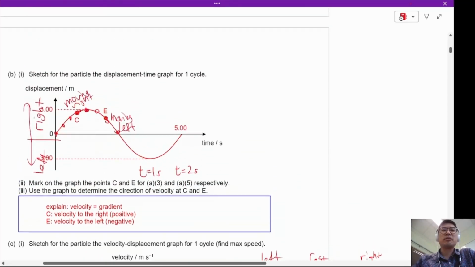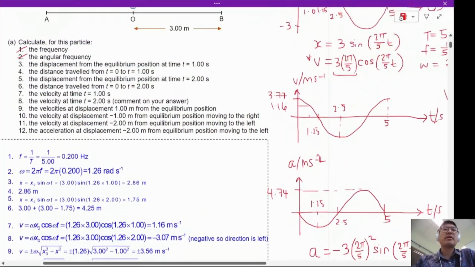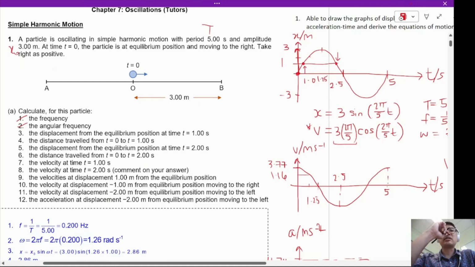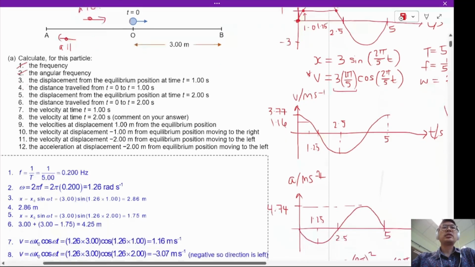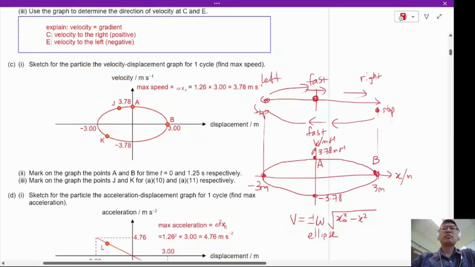Okay, let's try to remember what A10 and A11 are. A10 is when the velocity is at displacement minus 1 meter from the equilibrium position moving to the right. So this is A10, and A11 is the velocity at displacement minus 2 meters moving to the left. Okay, so let's take a look at the graph over here.